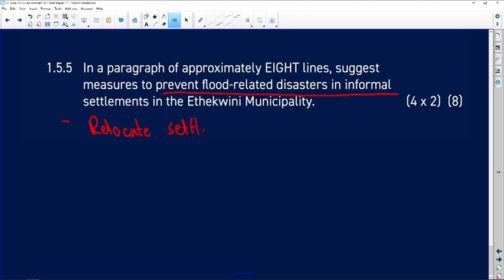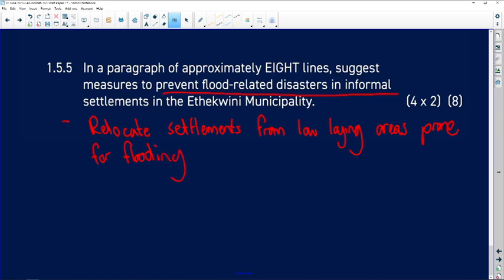Relocate the settlements from low-lying areas prone to flooding. Can provide the people with better building material. Instead of wood and steel, we can use bricks. So I just want to write there, better building material.